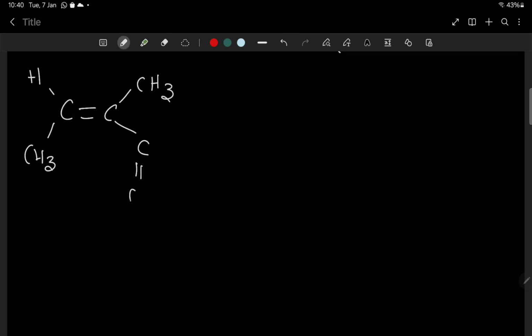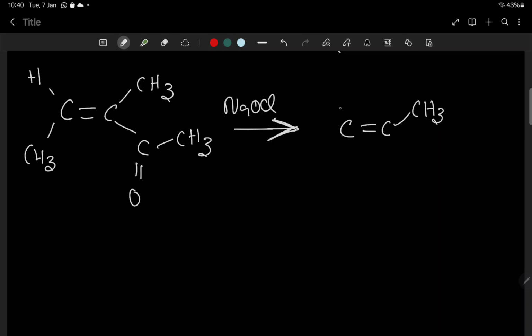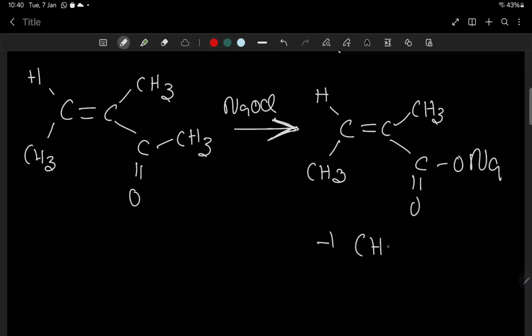So we'll do an example for this reaction. That is CH3 C double bond O CH3 gives, with NaOCl, C double bond O ONa plus CHCl3.